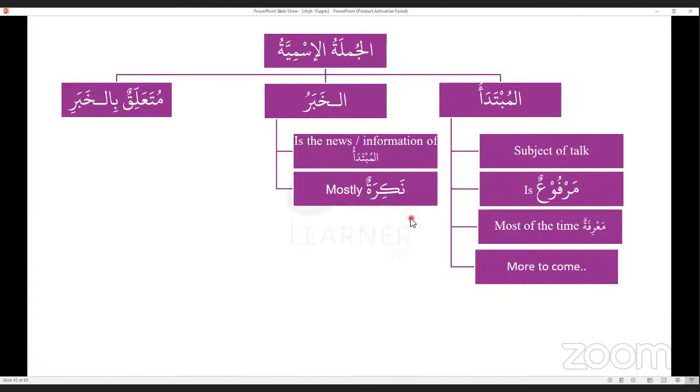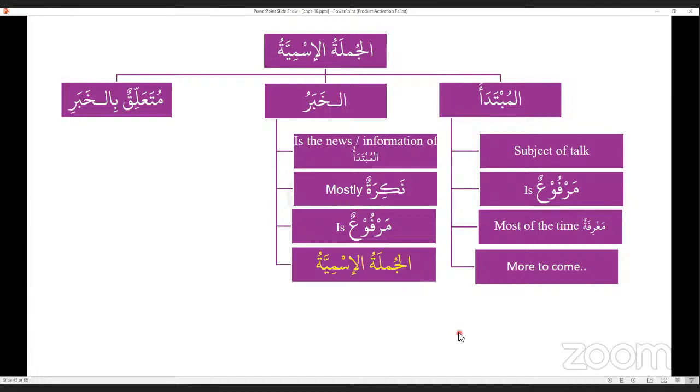But I gave you the example last week. Khabar is also sometimes ma'rifa. I think I've not taken that example yet. So mostly khabar is nakira. Now khabar is marfu. Right? Khabar is marfu.